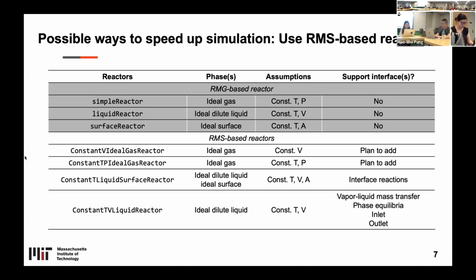Compared to the simple reactor that we already use in the super minimal example, you can switch to other kinds of reactors that we use inherently in the code, the RMS code. They tend to run faster. At least in my system, I noticed a very large speedup when I switched from the liquid reactor to the constant temperature volume liquid reactor. So this is one thing that you can do.